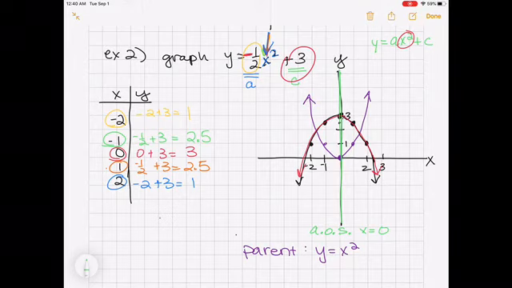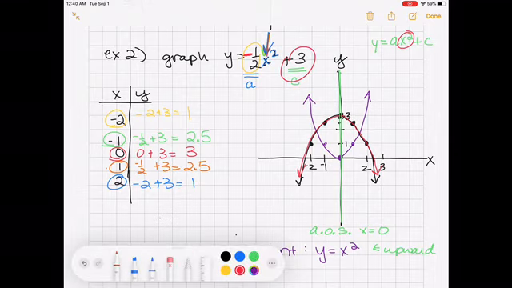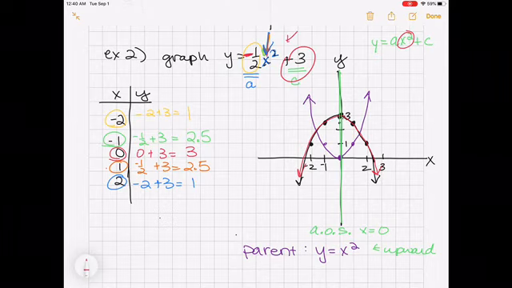Okay, but how are they different? Well, the parent function opens upward, and the graph of y equals negative 1/2 x squared plus 3 opens downward, right? And we talked about that because of that negative in front. So we know that this function opens downward.